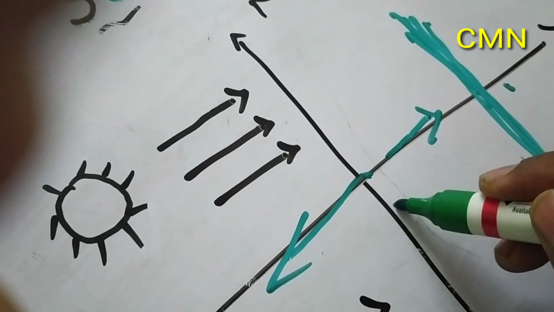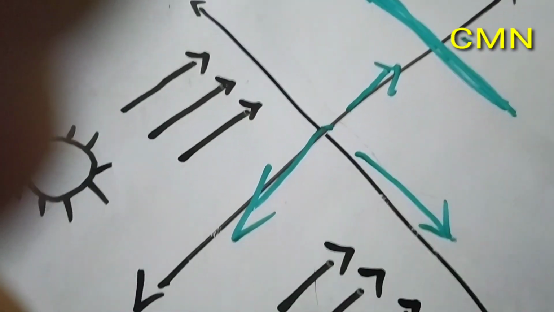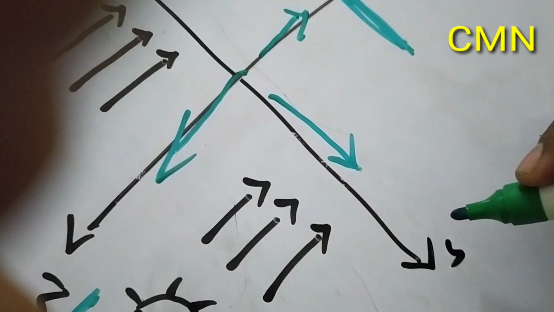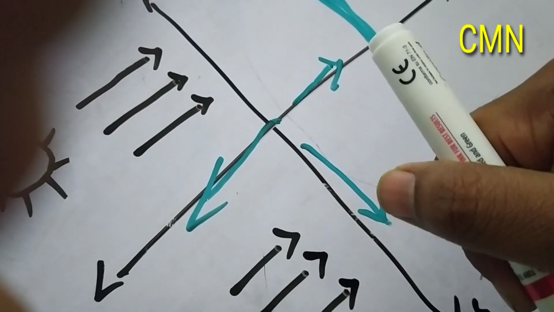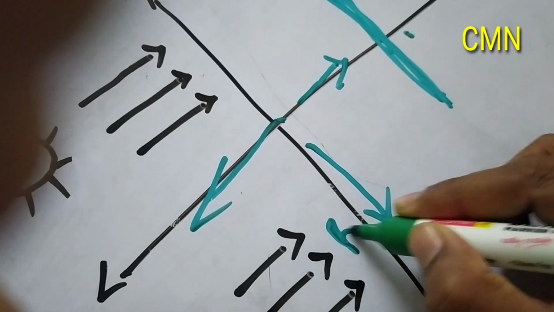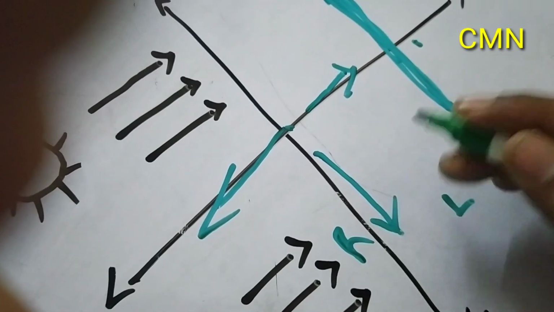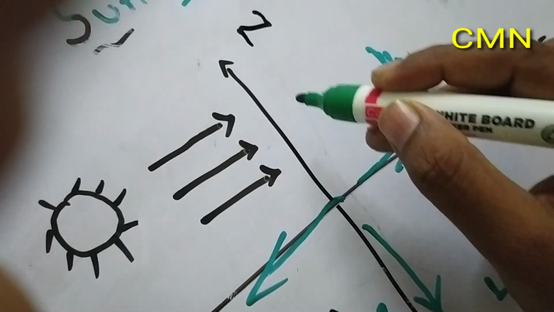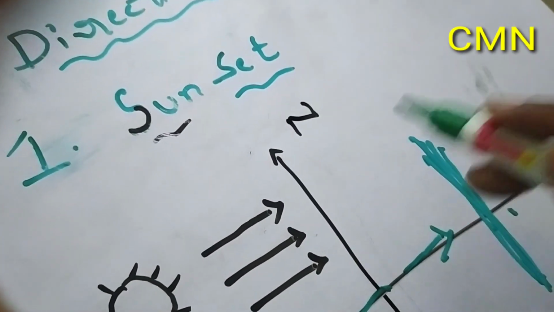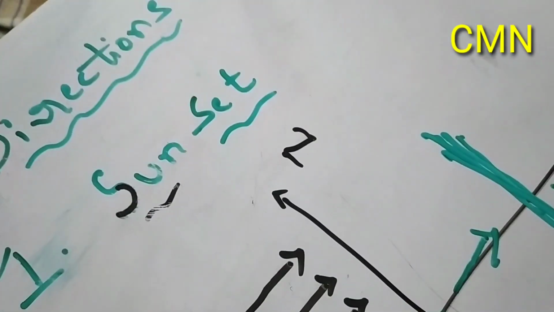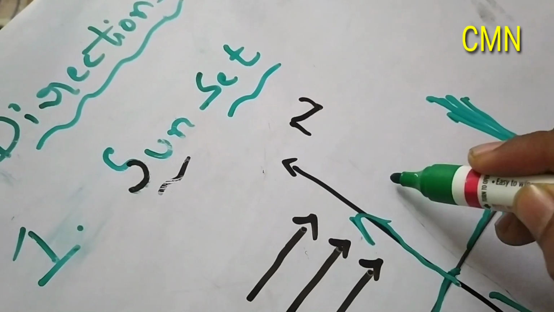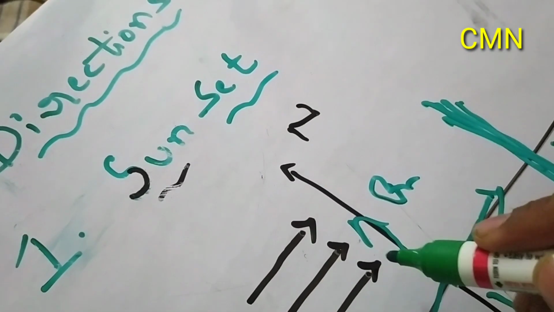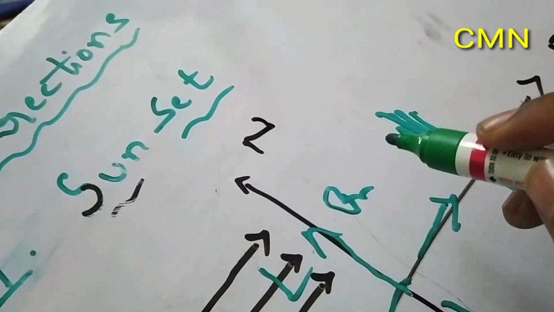Suppose you are facing south direction; this is right, this is left, and the shadow will be on your left. Suppose you are facing north direction; this is right, this is left.